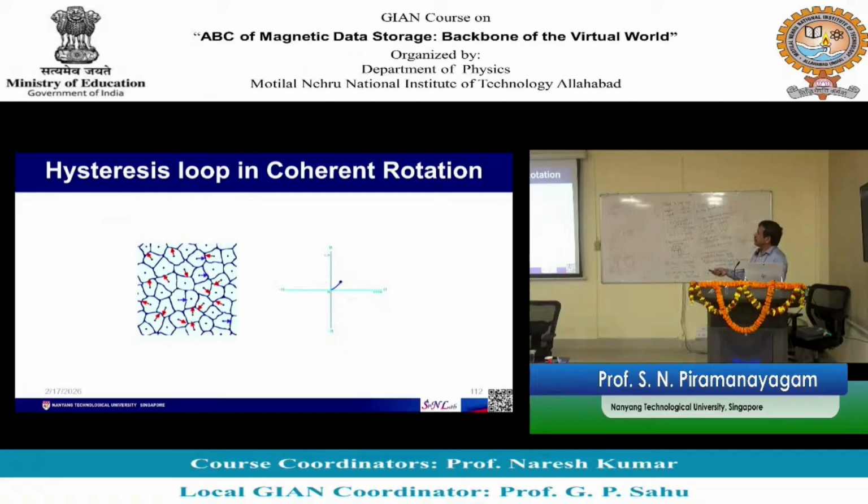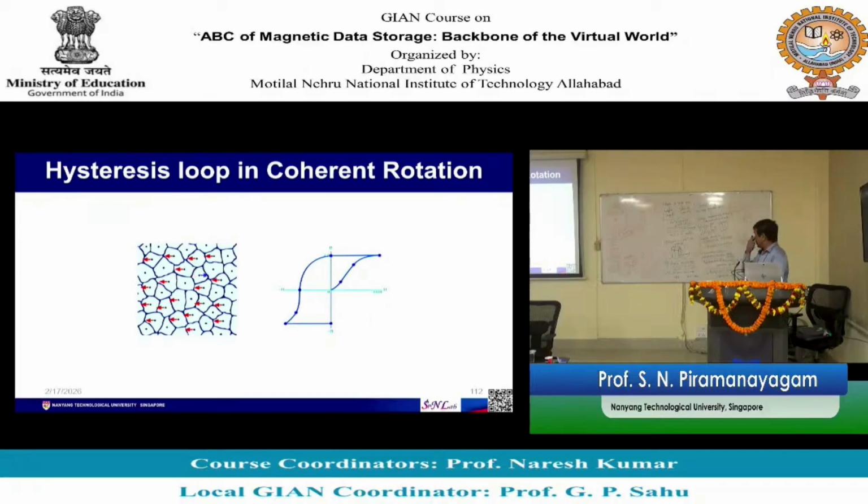You see some switch first, some are still red. Then all became blue. Now when you go in the other direction, only two became red, a few more became red, a few more became red, finally all became red. So here there is no spread of domains.